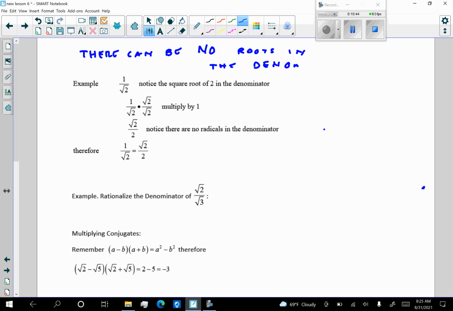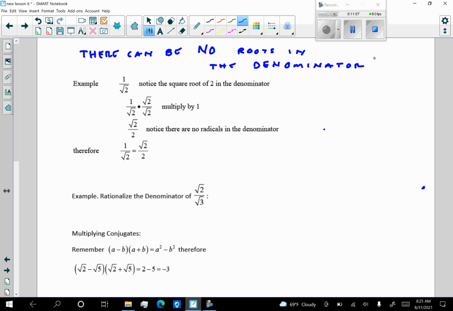And this can get a little bit tricky too when you're doing cube roots, fourth roots, fifth roots. So we're going to demo how to get the roots out of the bottom, be them square roots, cube roots, fourth roots. So the first example is 1 over square root of 2. Notice the square root of 2 in the denominator.